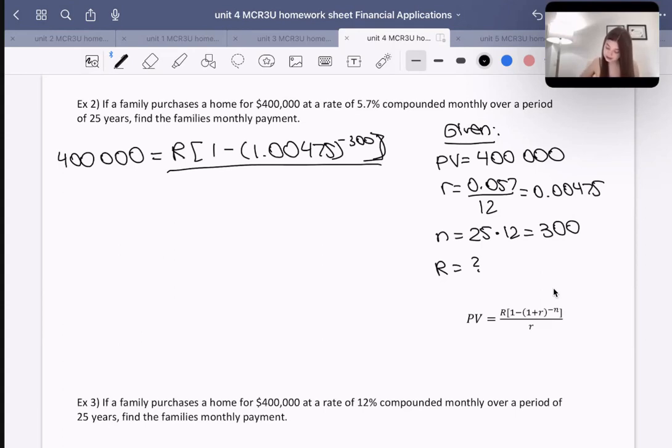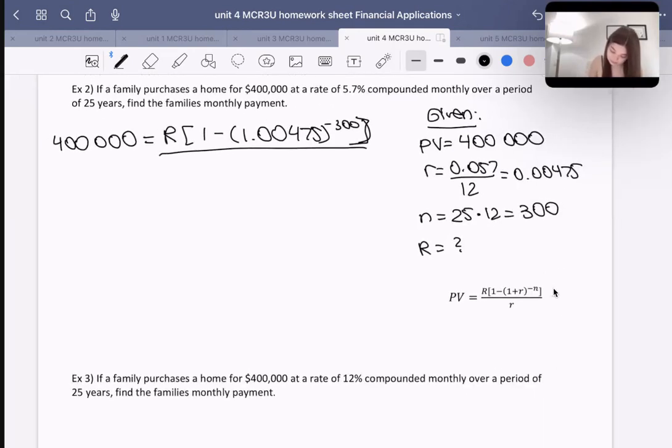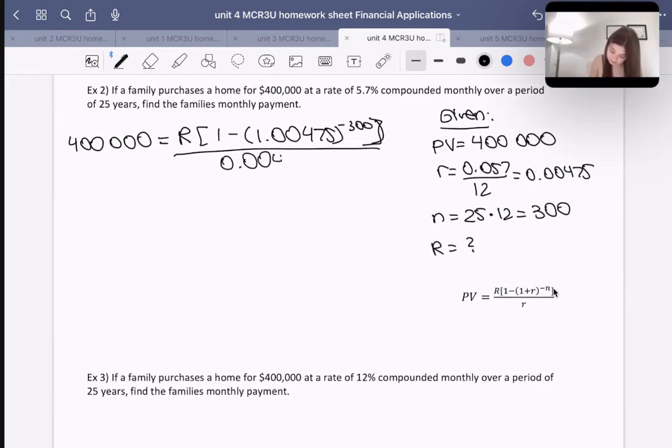And then we have over 0.00475. So this time we're trying to solve for R, and so it's not going to be as easy as just solving for present value and we can just calculate it really fast and then get it done. I'm going to take a few different steps in order to do this. So my first step is I'm going to find out what R is being multiplied by.